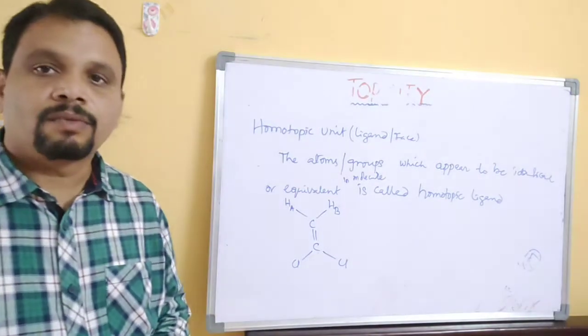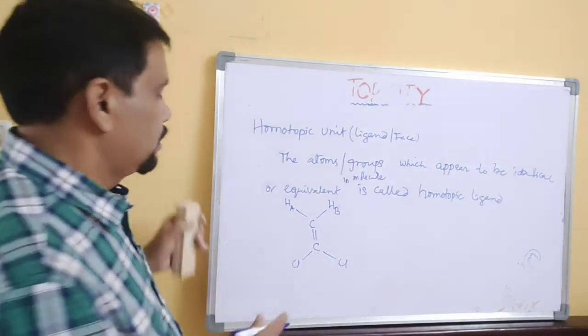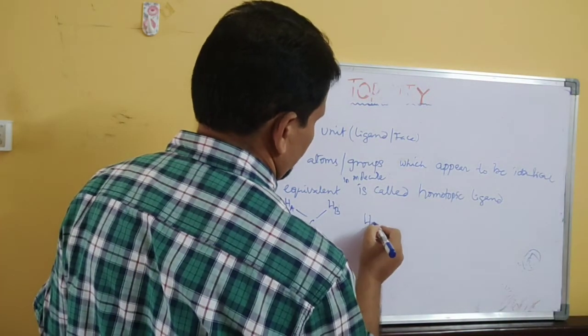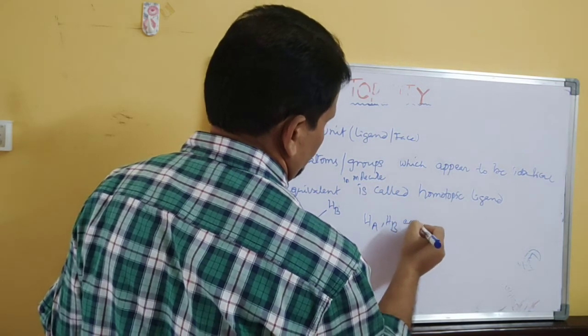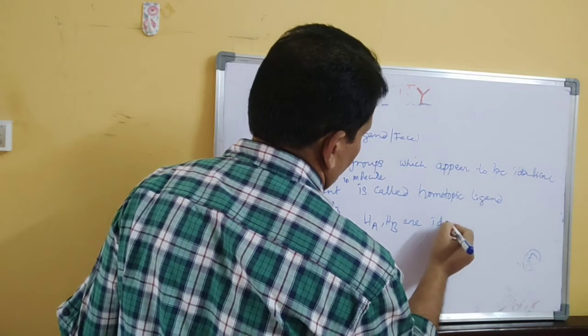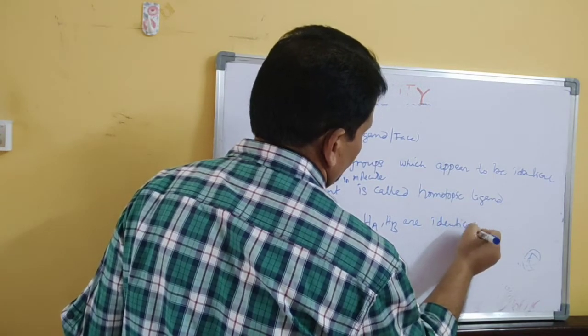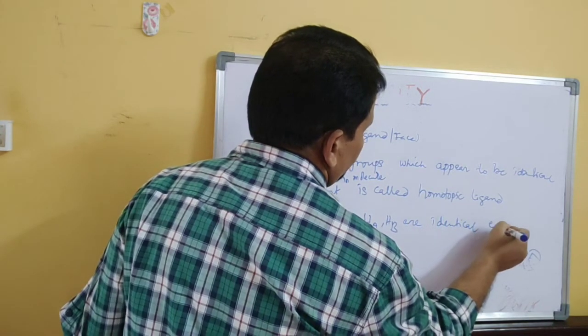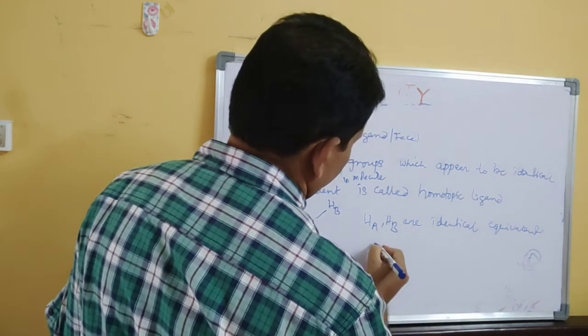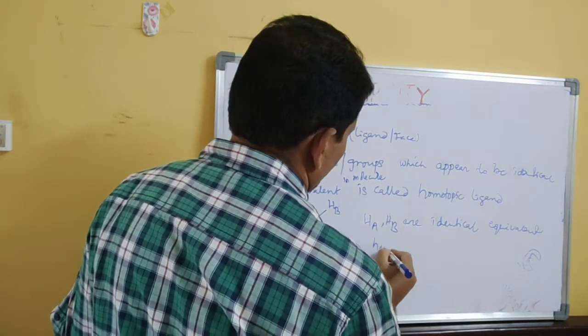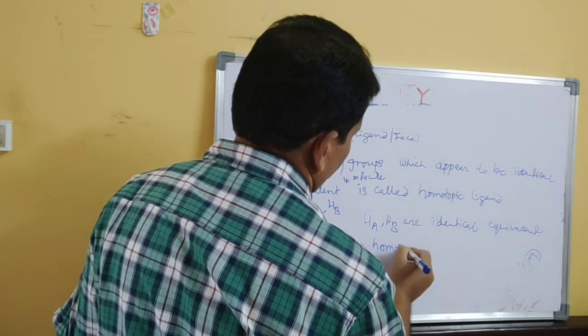Okay, and these HA and HB are identical and equivalent in that molecule. Therefore they can be considered as homotopic ligands.